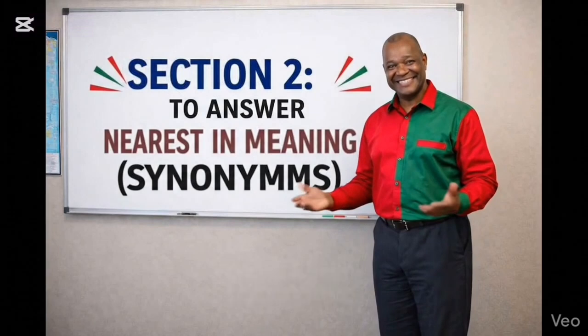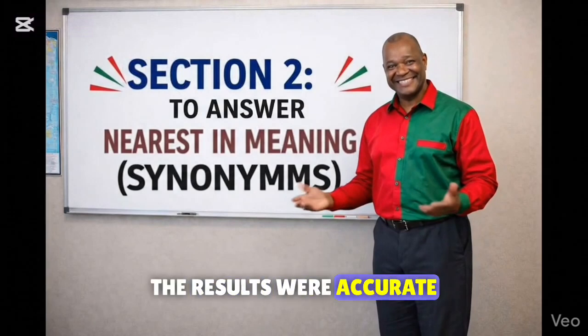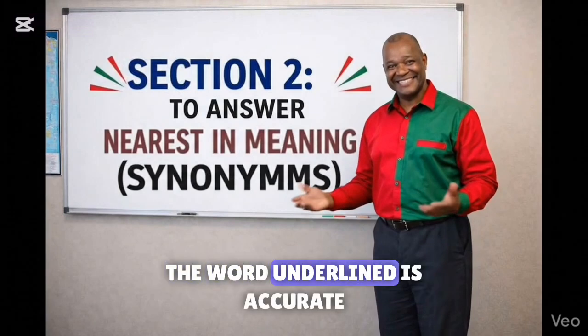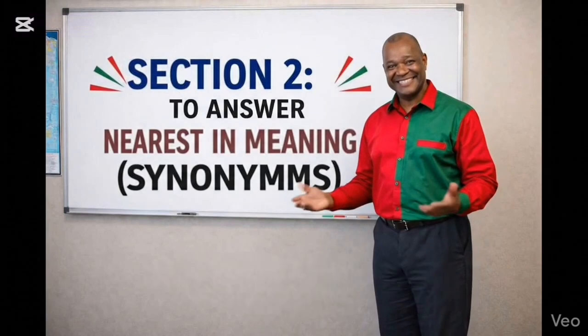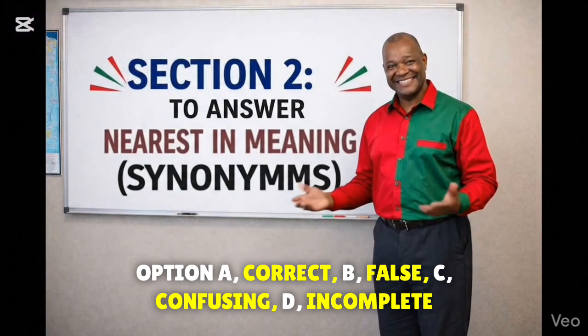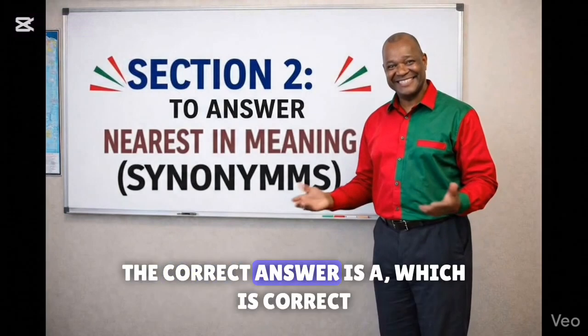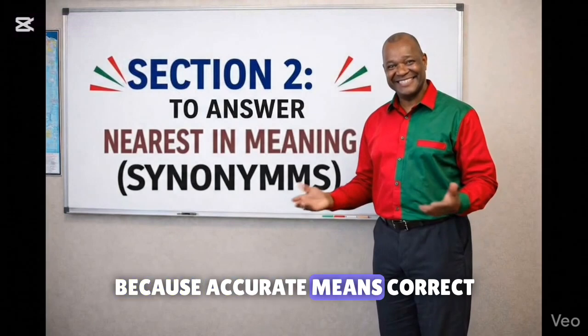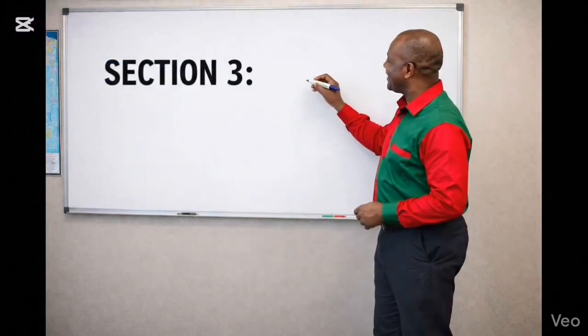Question 6. The results were accurate. The word underlined is accurate. Option A, correct. B, false. C, confusing. D, incomplete. The correct answer is A, which is correct, because accurate means correct.